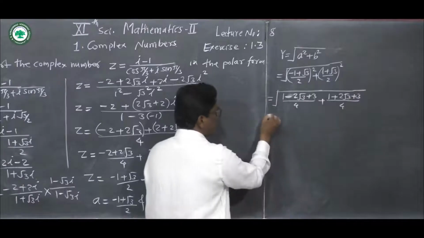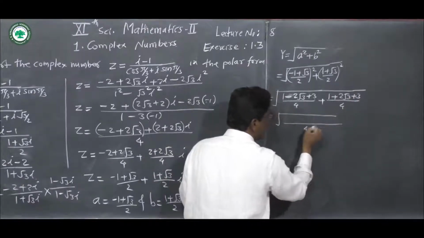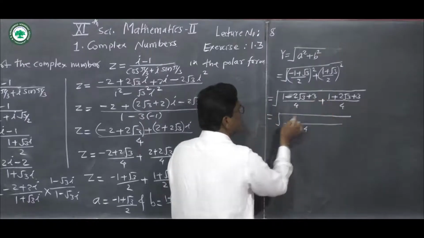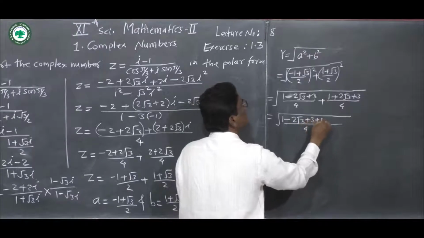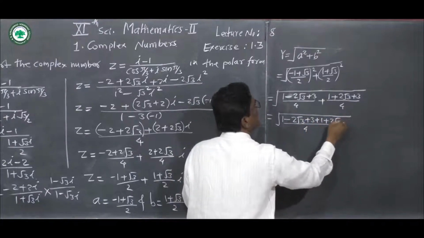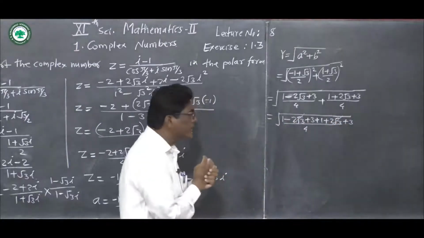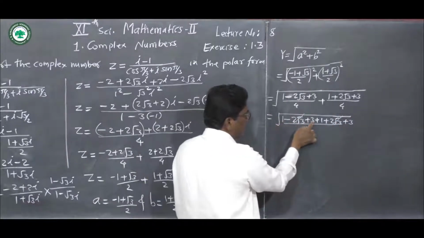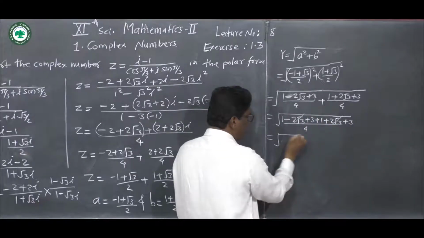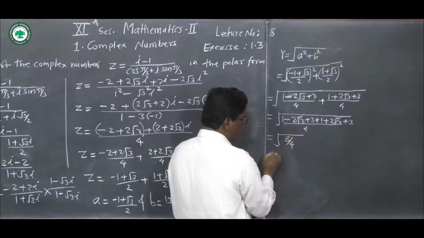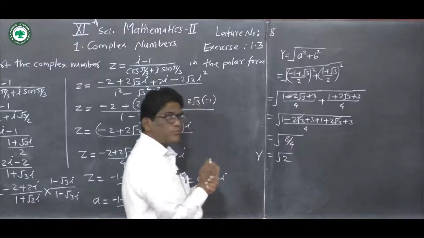Okay, so it is equal to under root of, here denominator same, so we write same denominator, and then take the addition of numerator, that is 1 minus 2 root 3 plus 3 plus 1 plus 2 root 3 plus 3. This minus 2 root 3 and plus 2 root 3 get cancelled to each other. Now here 1 plus 3 is 4, here 1 plus 3 is 4, 4 plus 4 is 8, so it is equal to under root of 8 upon 4. So 4 2s are 8, so under root of 2, r is root of 2.